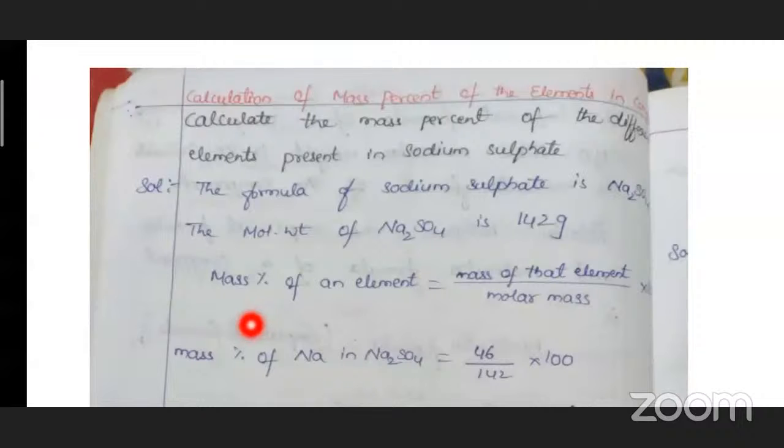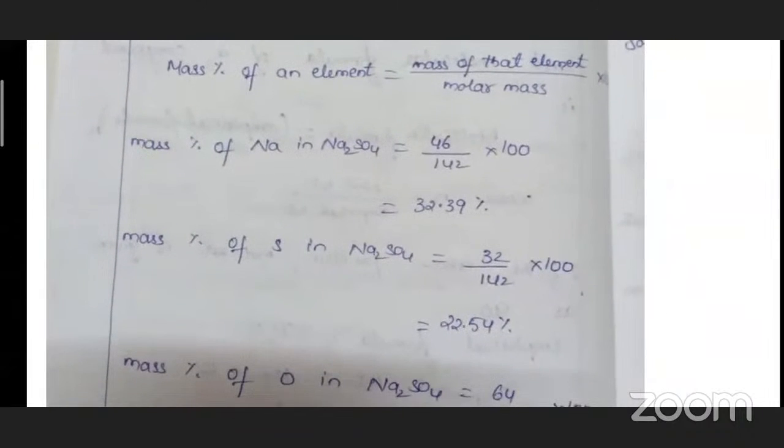So let us see here. Mass percentage of sodium. The total weight of sodium in sodium sulfate is 46. So 46 divided by 142 into 100. Upon simplification, you'll get it as 32.39.